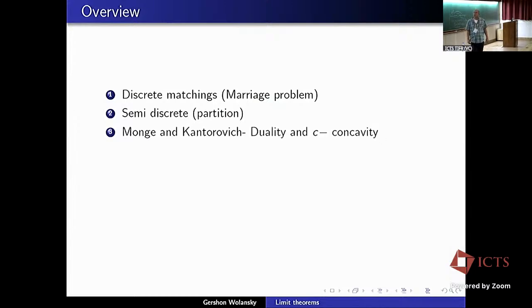Then we will discuss in detail Monge and Kantorovich, prove the duality formulation, C-concavity.